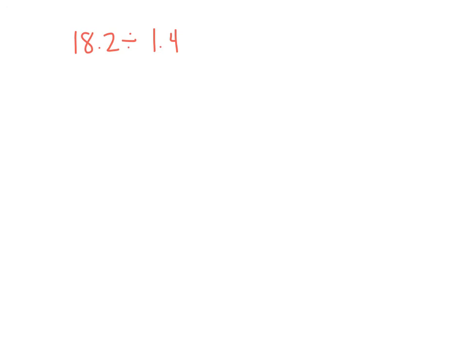If I'm given a problem like this, 18 and 2/10 divided by 1 and 4/10, I'm going to start by rewriting it out. So I have 18 and 2/10 divided by 1 and 4/10. So my main idea here is to get my 1 and 4/10 to be a whole number.